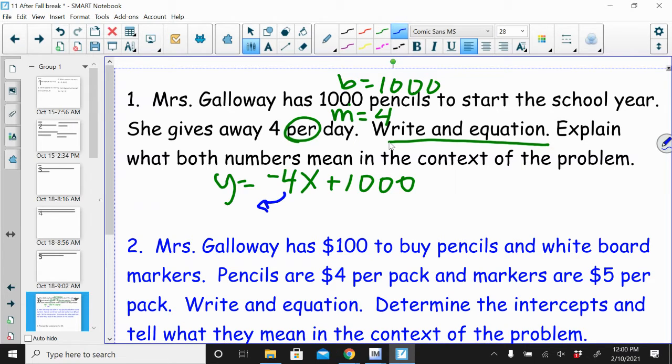So you would write something like, this is the rate at which she is losing her pencils. This is the starting amount of pencils. That's not real hard because it kind of tells you that in the problem. It might be a little more challenging when you have to get it to y equals on your own.